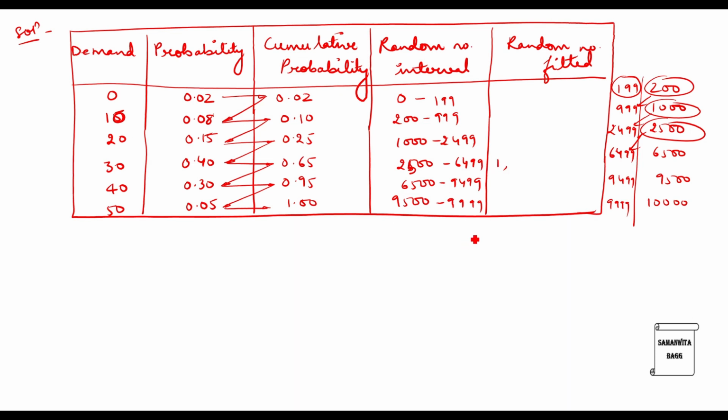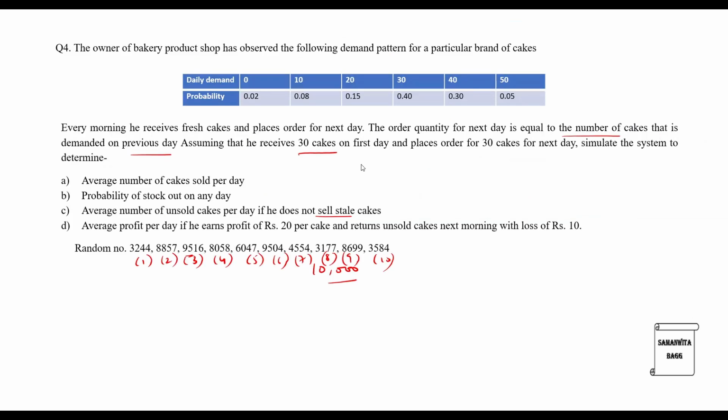Accordingly, I'll place the other numbers. So 2 lies here, 3 is here, 4 lies at this place, 5 is here, 6 is here, 7 and 8 are here, 9 is here, and 10 is at this position. That's how we have fitted the random numbers by giving them some labeling.